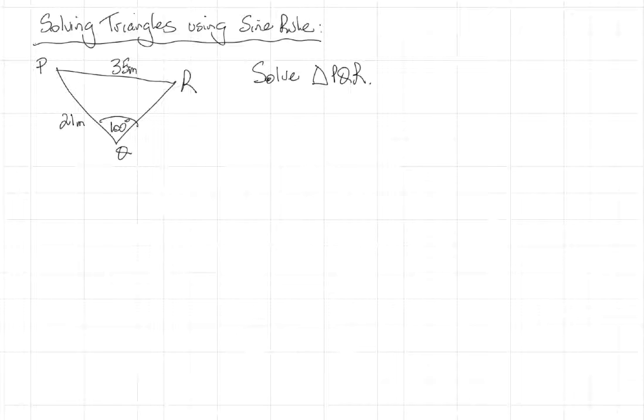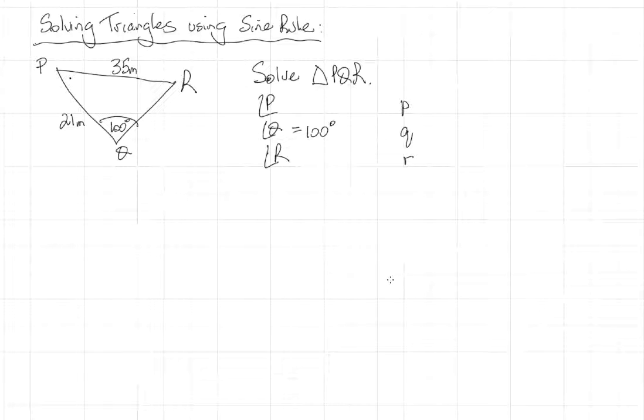So we've got angle P, angle Q, angle R, and little p is the length of side P, little q, length of side Q, and little r, the length of side R. So P we don't know, so that's the angle there. Q we do know, that's equal to 100 degrees.